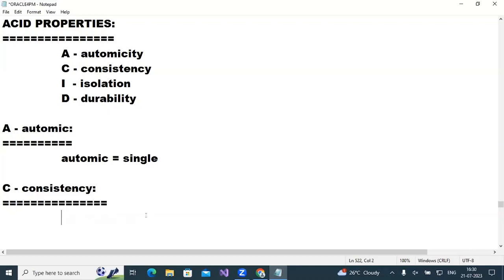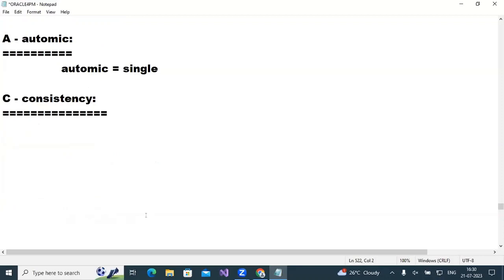How, sir? For example, let me draw. This is customer X and this is customer Y. In his account, customer X has 10,000 rupees. In customer Y's account, he has 4,000 rupees. Is it clear?